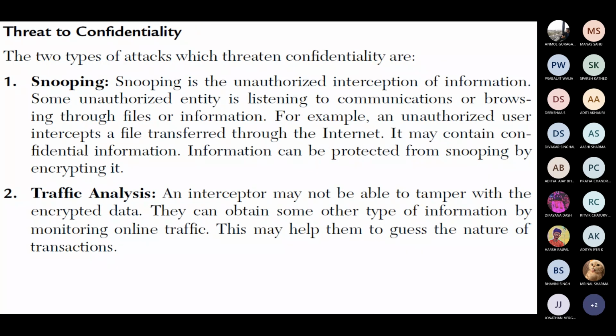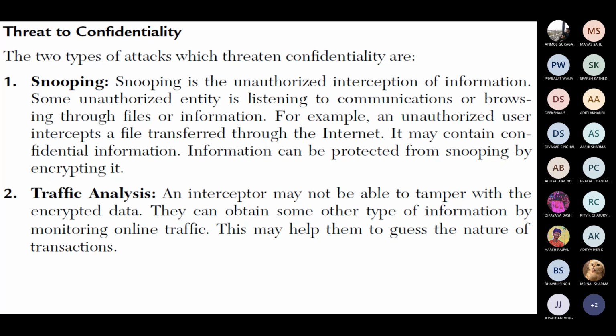So see here, threat to confidentiality. What are the attacks which come under the threat to confidentiality? Snooping and traffic analysis attacks. The snooping attack is nothing but an unauthorized interception of information. If any unauthorized user tries to access the information present in the node, then a snooping attack is said to have occurred in that particular node.